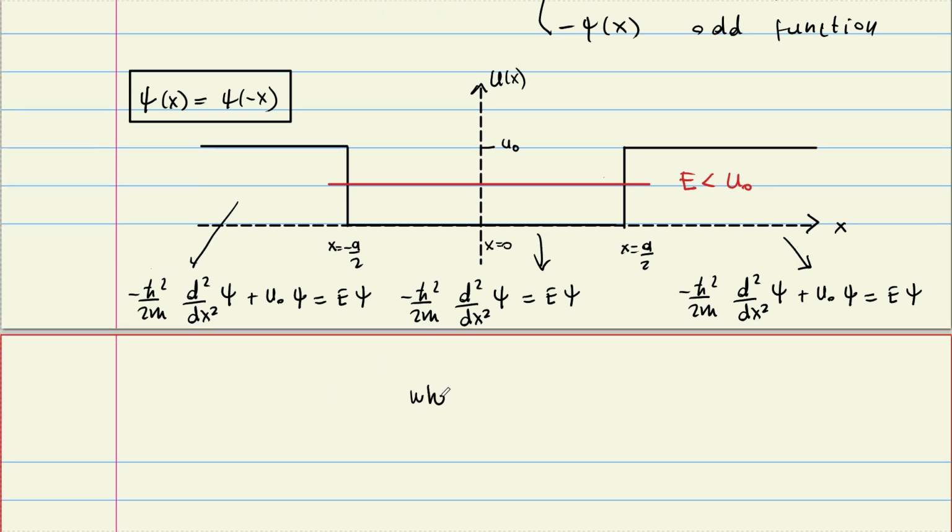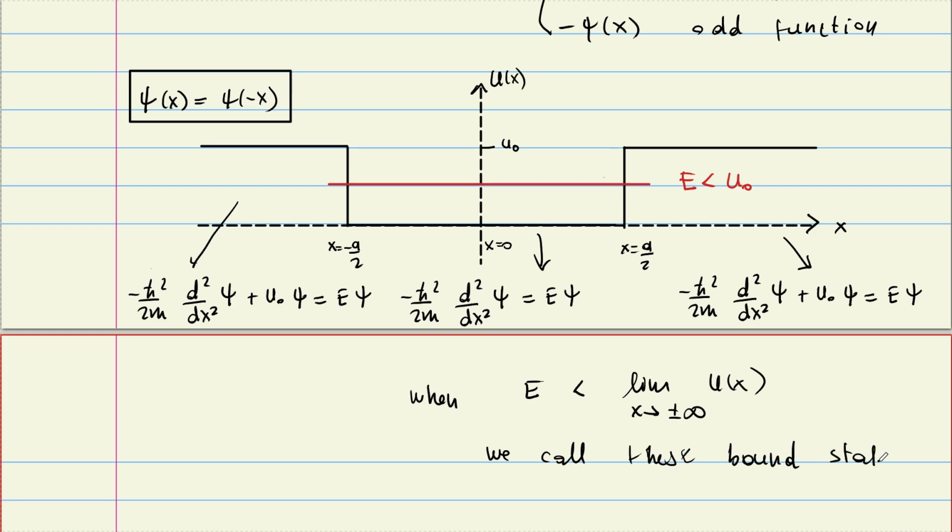When energy is less than the limit of U of x as x goes to plus or minus infinity, we call these bound states. Otherwise, we call them scattering states. And at the moment, we are interested in bound state solutions of the Schrödinger equation. We could also choose E above and do the solution, but let's do this.